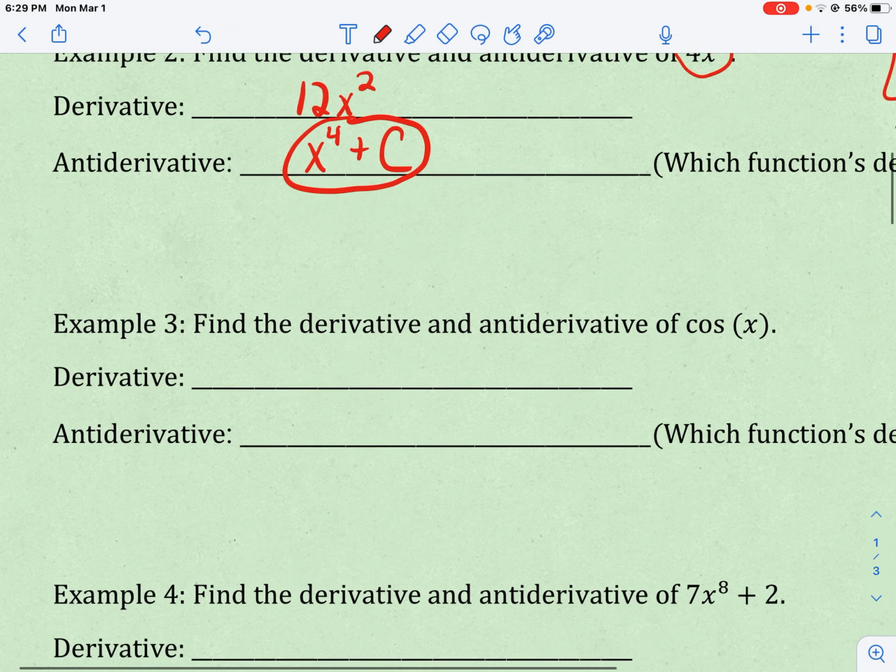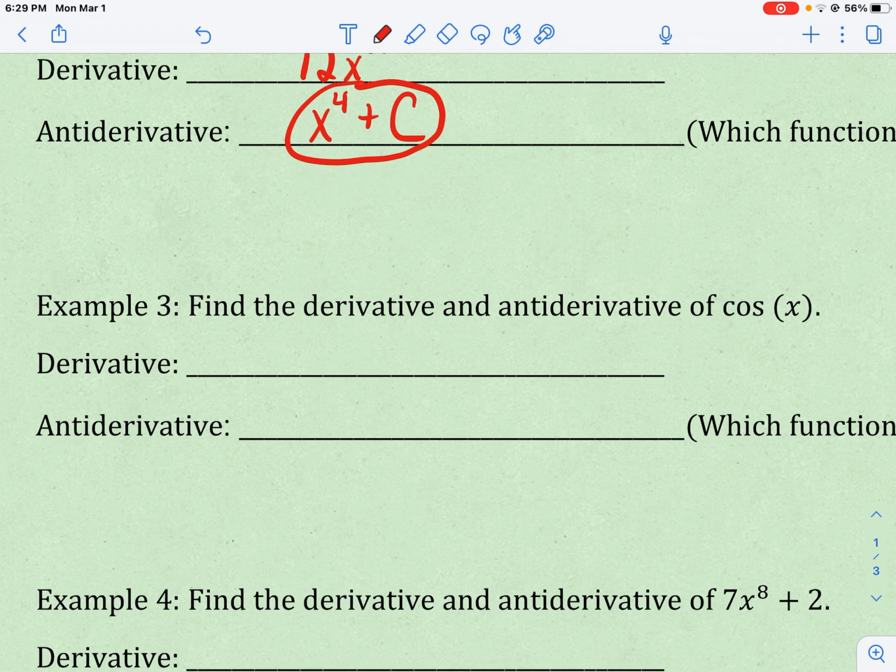Next one: find the derivative and antiderivative of cosine of x. The derivative of cosine of x is negative sine of x. Now, with the trig functions, which we'll focus on more a little bit later, cosine doesn't follow the same rules as the power rule; these were mostly ones that you had to remember when we took the derivative.